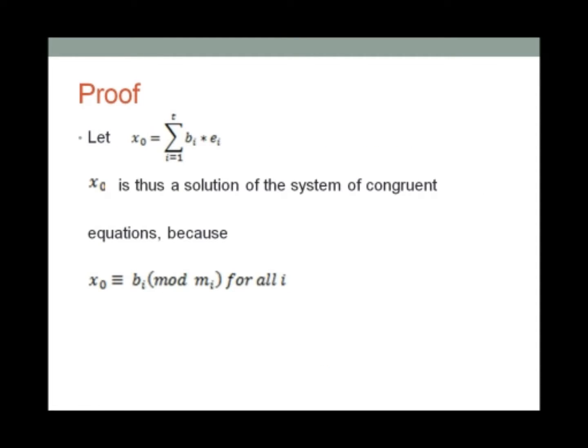We then construct x0 as follows. Therefore, x0 is the solution to the system of equations, because of the way we construct x0, which equals the sum of Bi times Ei. For each Mi, x0 is congruent to Bi mod Mi.